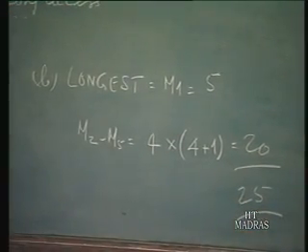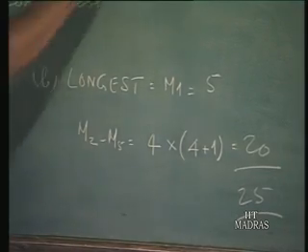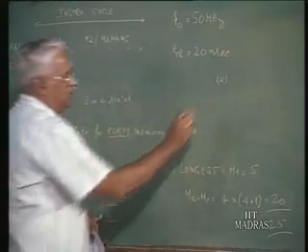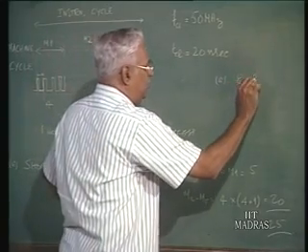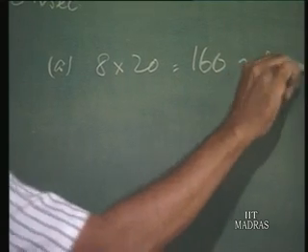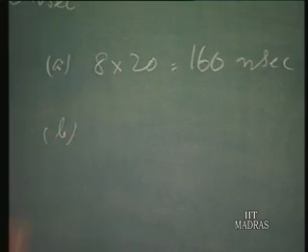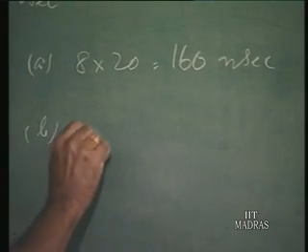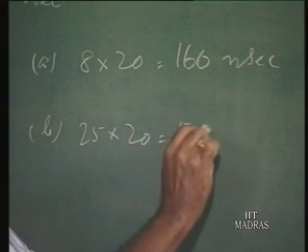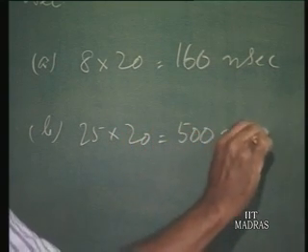Okay. So, for the first question, the shortest instruction execution time will be 8 into 20 nanoseconds, which is 160 nanoseconds, and the longest one is 25 into 20 nanoseconds, which is 500 nanoseconds.